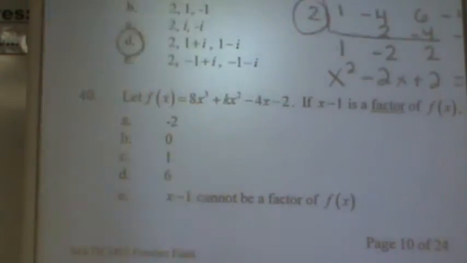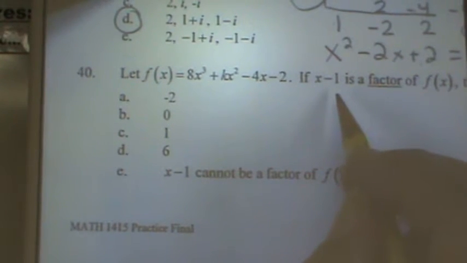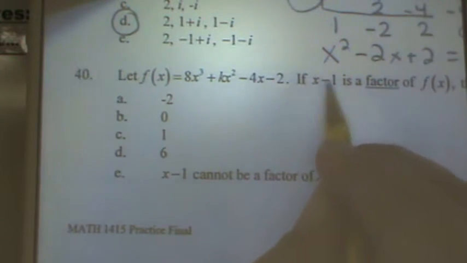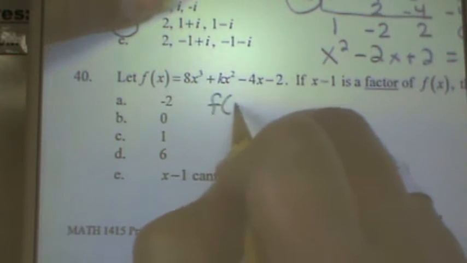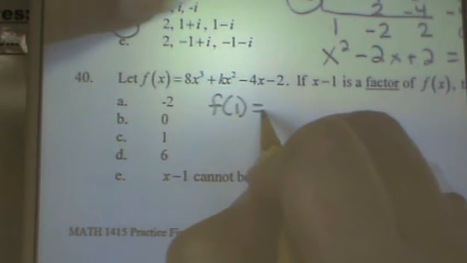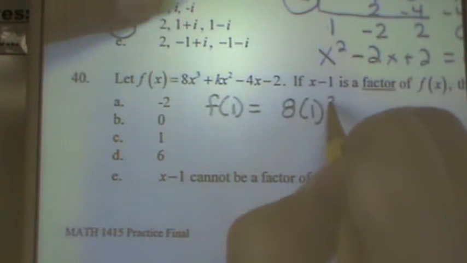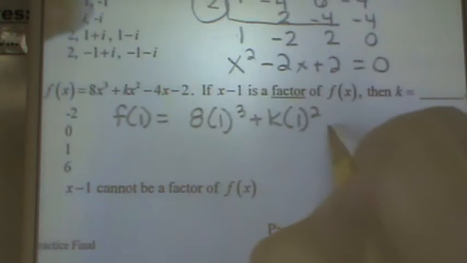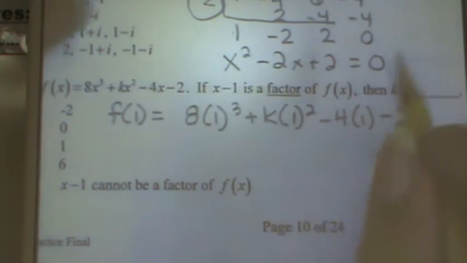Okay? So, number 40, if x minus 1 is a factor, we could plug 1, the opposite of this number, in for x. We're gonna evaluate this for f of 1. So we're gonna plug 1 in here. So 8 times 1 cubed plus k times 1 squared minus 4 times 1 minus 2.